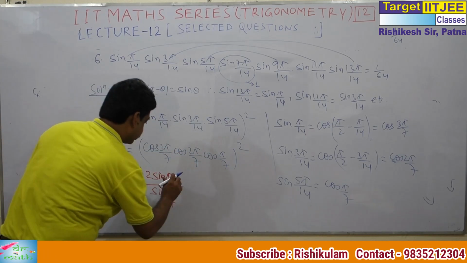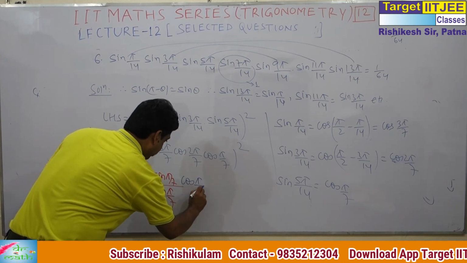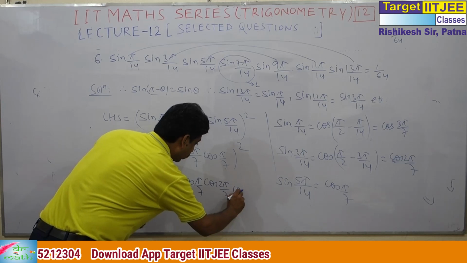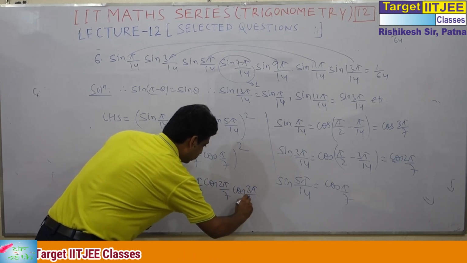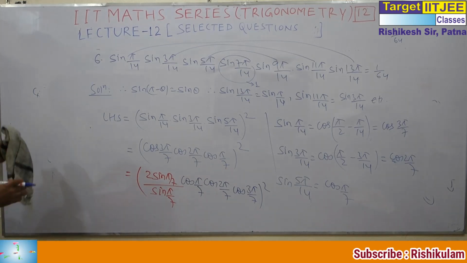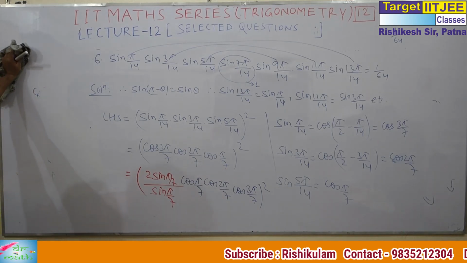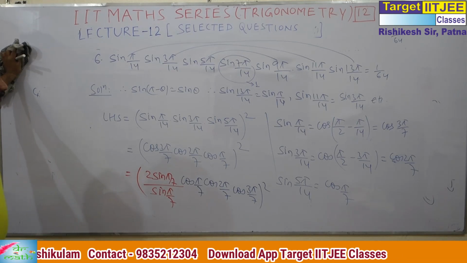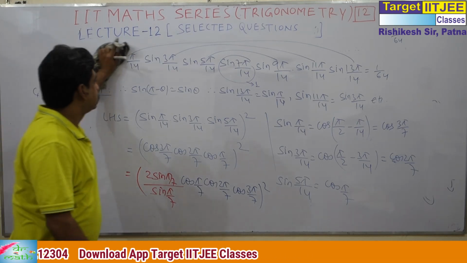Into this, cos pi by 7. Start from this side. Cos 2 pi by 7 and cos 3 pi by 7 whole square. If you want to write it, write it.